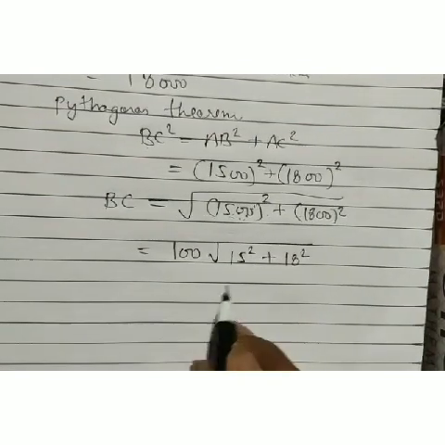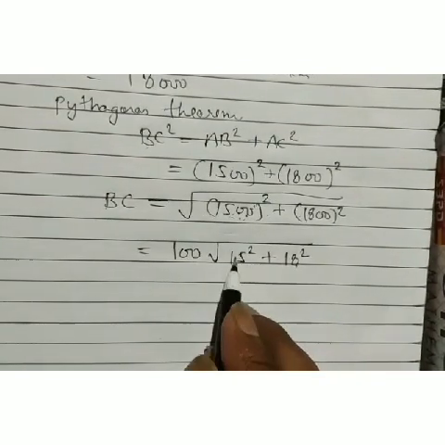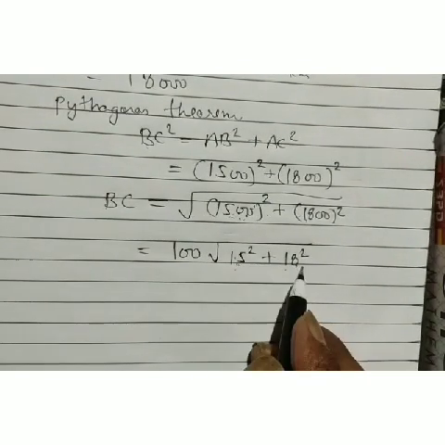Now also we take 3 common, since 3 into 5 is 15 and 3 into 6 is 18.